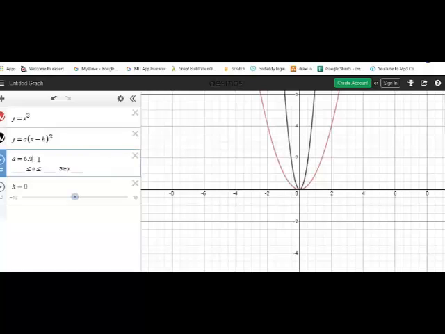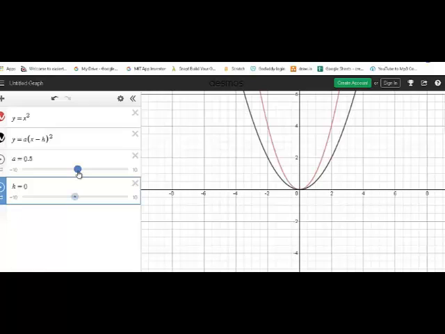Now, if I change the value of a to a number between 0 and 1, let's say 0.5, you can see that the graph of y equal x squared is compressed along the y-axis or stretched horizontally.